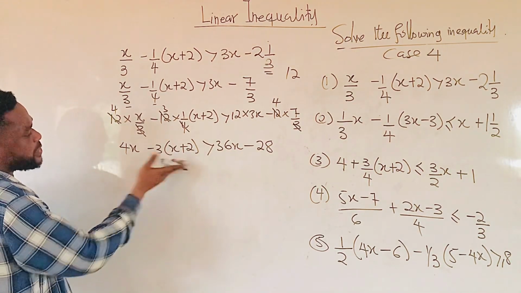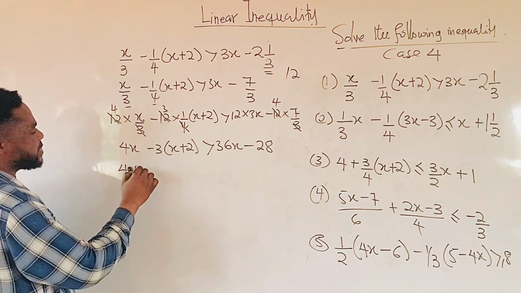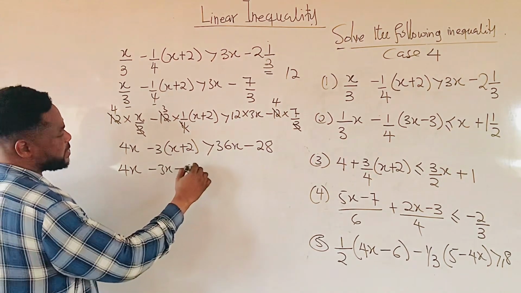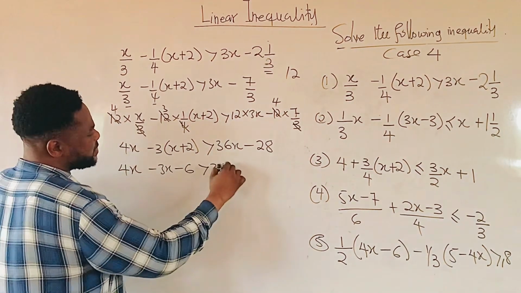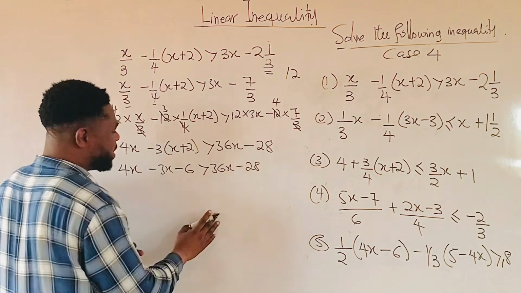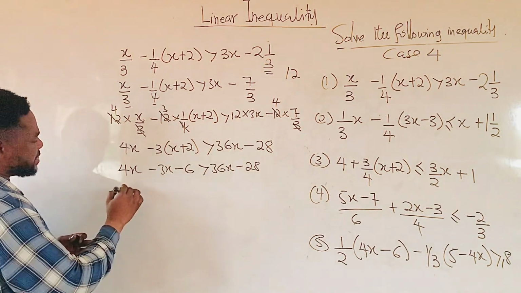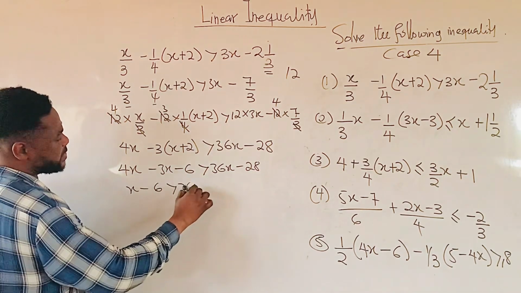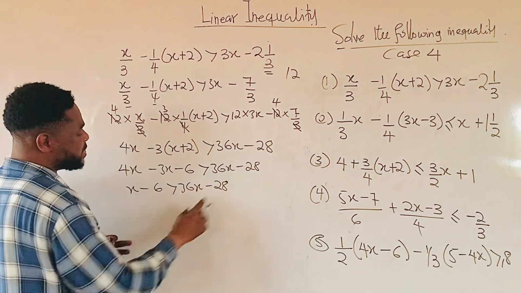Here we are going to expand because there is bracket. So here we have minus 3x minus 6 greater than 36x minus 28. We simplify this as x minus 6 greater than 36x minus 28.